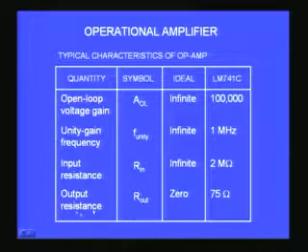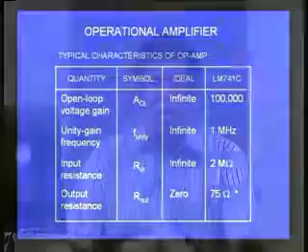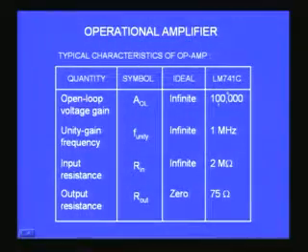Similarly, the output resistance of an operational amplifier in an ideal case should be 0. In an actual case it is about 75 ohms, which is reasonably low, a few ohms only, and therefore you find this 741 typical device is very close to the ideal situation.